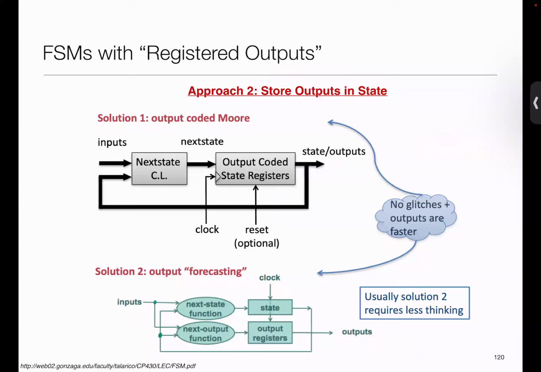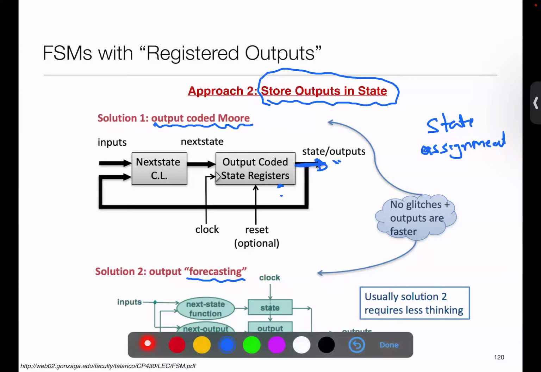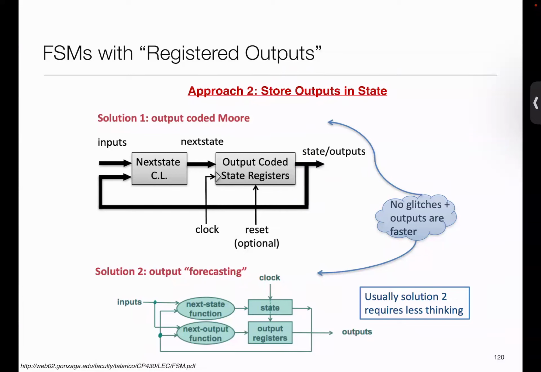But now let's imagine that instead we create a function called the next output function. And since it's a next output, I can then delay it by clocking it through a register. So these machines have a next state function and a next output function. So I'm forecasting the output for the next clock tick as opposed to what is happening right now.